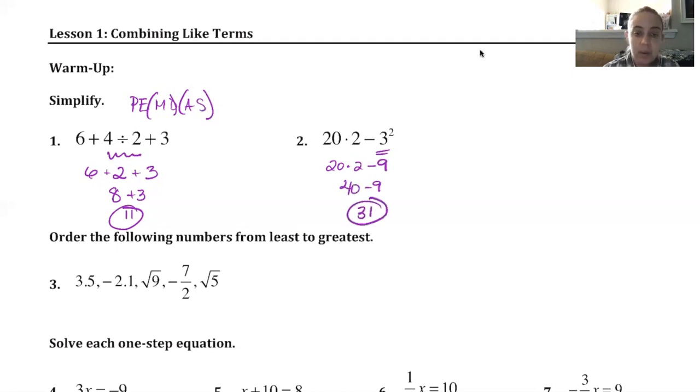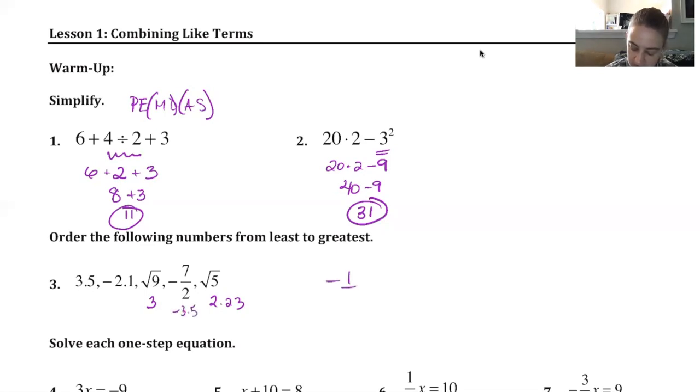For number 3, we want to order the numbers from least to greatest. Now, I see a square root in here. I see the square root of 9. That's really 3. The square root of 5, I'm not exactly sure what that is, so I'm going to use my calculator. And I've got 2.23. So if we go from least to greatest, your negative numbers, negative 7 over 2 is really negative 3.5.